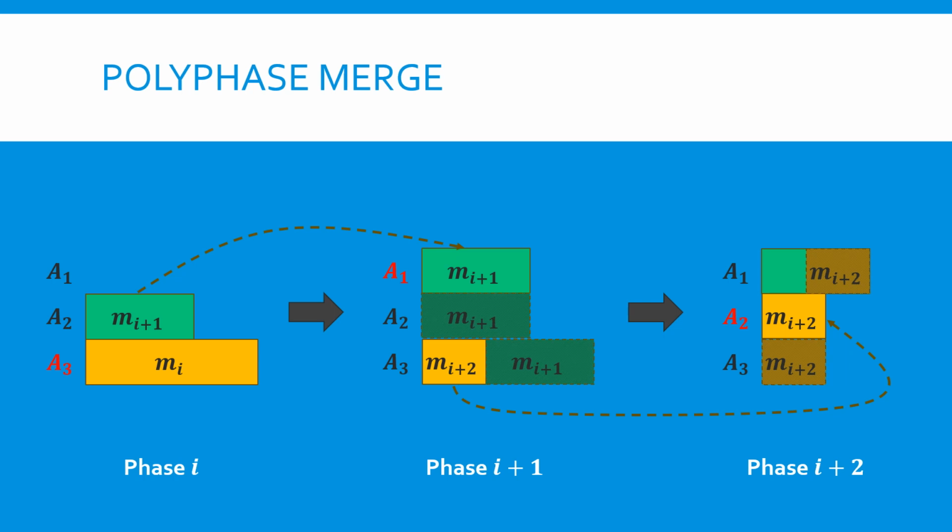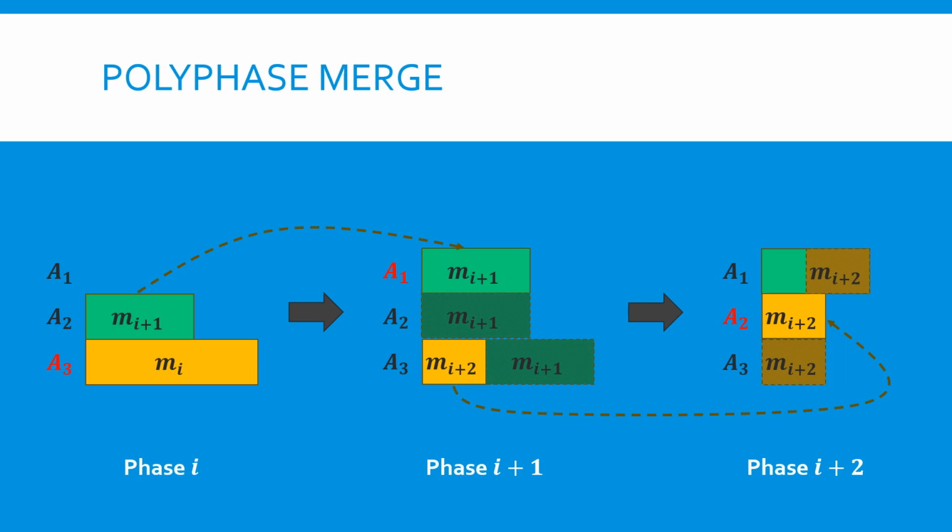Now, consider the second figure. In phase i+1, Mi+1 data blocks are consumed from both A2 and A3, and Mi+1 data blocks are written to A1. For a similar reason, A3 needs to be empty and serve as the output array in phase i+3.